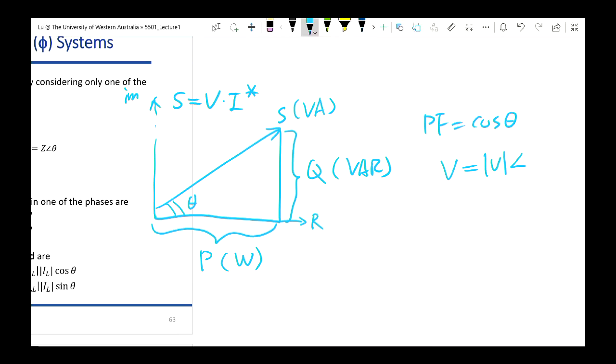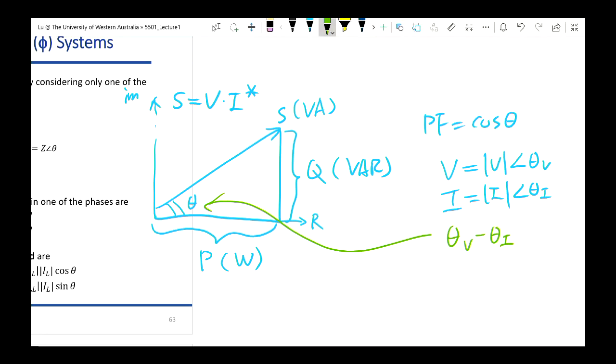Temporary theta V is the angle for this AC voltage. For the AC current, it is the magnitude of current with the angle theta I. This angle theta here is actually theta V minus theta I. Okay, why minus? That is because you have such conjugate operation here.